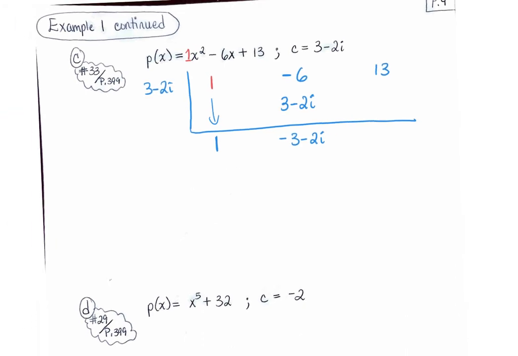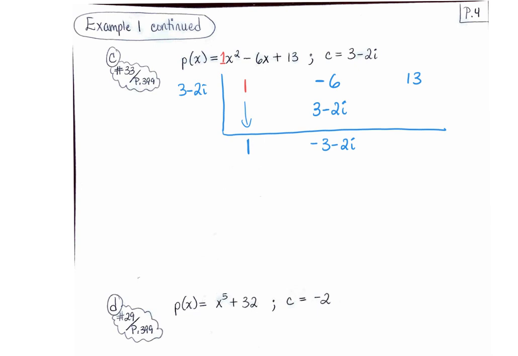So what you want to do here is use the FOIL method. So we'll do an aside to figure out what that is. So 3 minus 2i, that quantity, times -3 minus 2i. So then you multiply 3 times -3 to get -9. 3 times -2i gives you -6i. -2i times -3 is +6i.